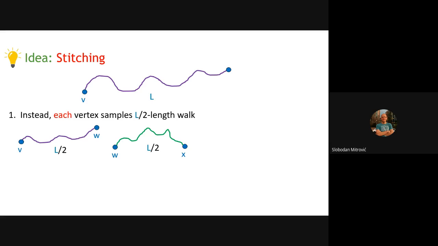And now, say from V to W, you have a random walk of length L over 2. From W to X, you have a random walk of length L over 2. So what you would do is you say, well, let me just merge these two walks together, right? And they would give me one random walk of length L from V, and I've just halved the number of steps that I have to perform. And that's cool.